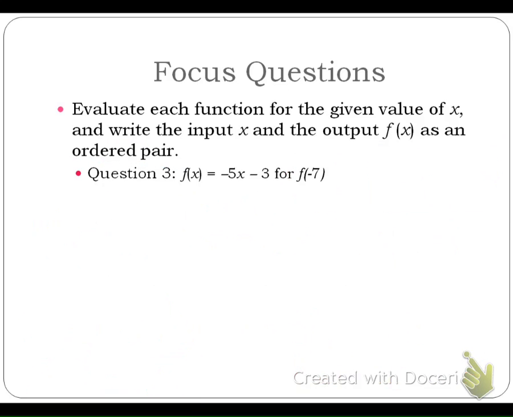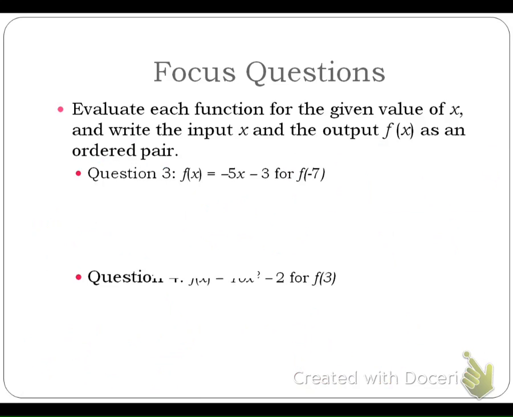Let's try another one, question 3. This one, the question is actually asking the same thing as before. Just look where it says f of negative 7. In the previous question, I think it said x is equal to like negative 3, and that's the value plugged in. This is doing the same thing. It's just saying function of negative 7.